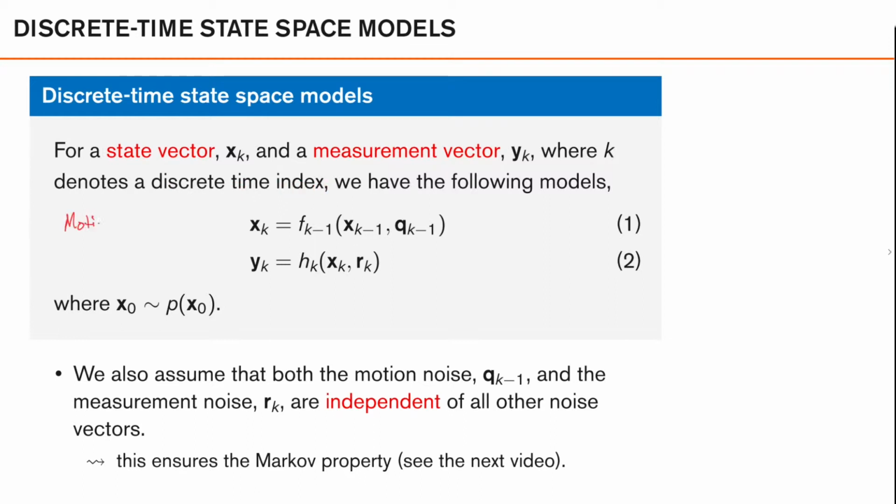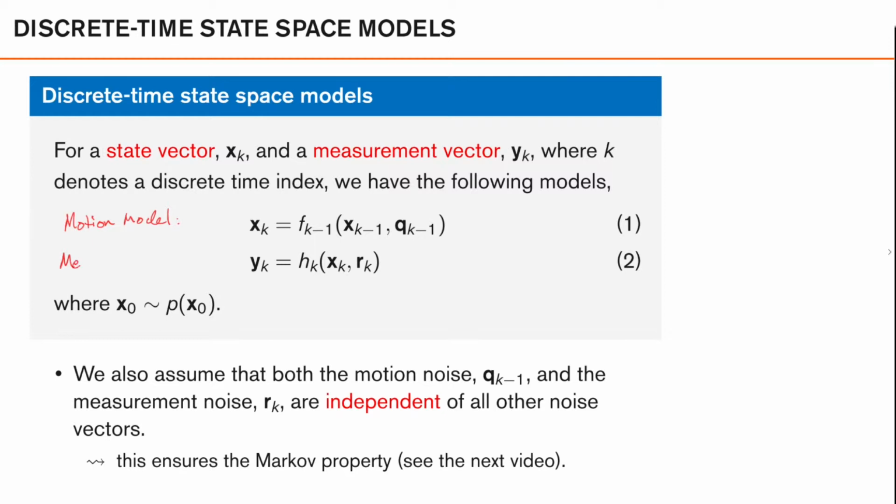First, we have a motion or process model, which in its most general form describes the current state, xk, as a function fk-1 of the previous state, xk-1, and a motion noise process, qk-1. The purpose of this model is to statistically describe how the state evolves over time.